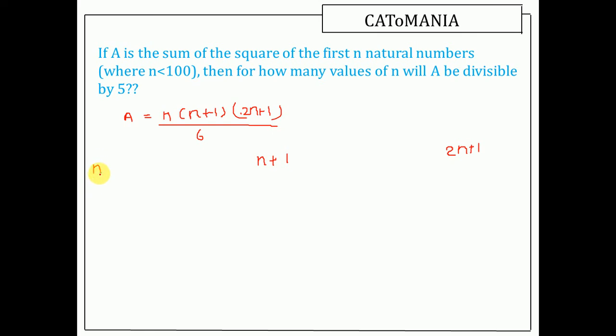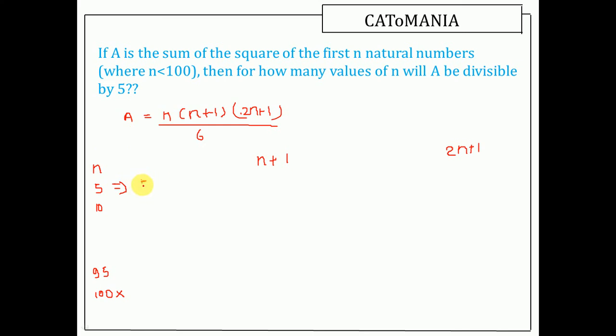So when n is divisible by 5, then n is equal to 5k, a multiple of 5. So 5, 10, and it will go till 95. Why will it not go to 100? Because 100 is not included in this range, right? So these are the values. Okay, just check at 5 what happens, whether the 5 cancels out or it remains in the final value.